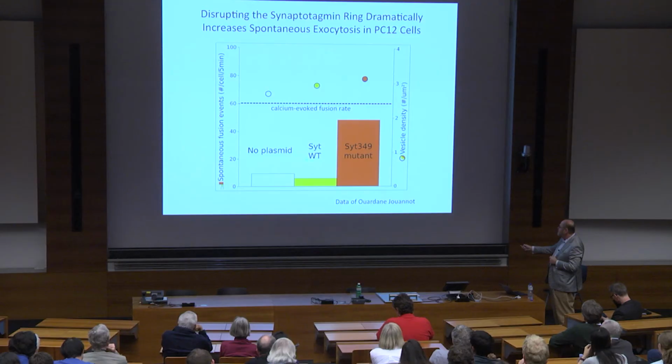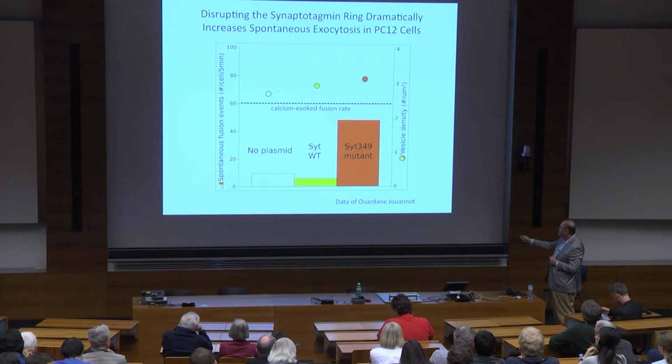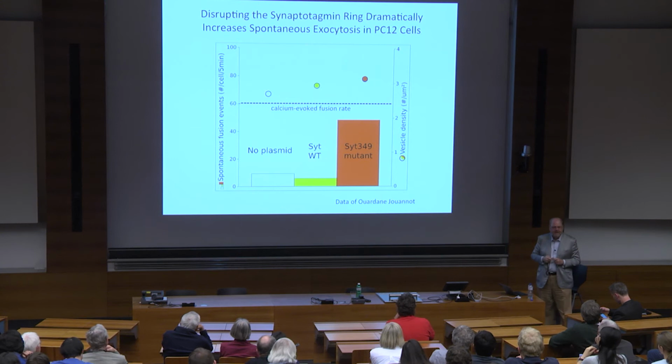So whether you have no plasmid or you put in the normal synaptotagmin and it's overexpressed, or you put in this mutant that doesn't form rings, any one of them, you will get about the same number of docked vesicles. But the rate of spontaneous release is drastically increased when you have the synaptotagmin mutant.